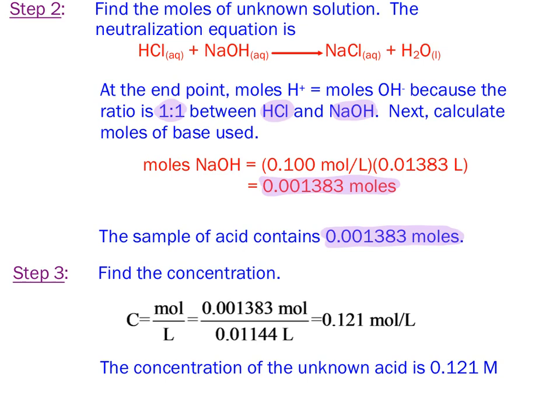And we also know that the volume of the acid used was 0.01144 liters. So if you divide those together, you get a molarity or concentration of 0.121 moles per liter. So that is the concentration of the unknown acid. It's 0.121 moles per liter.